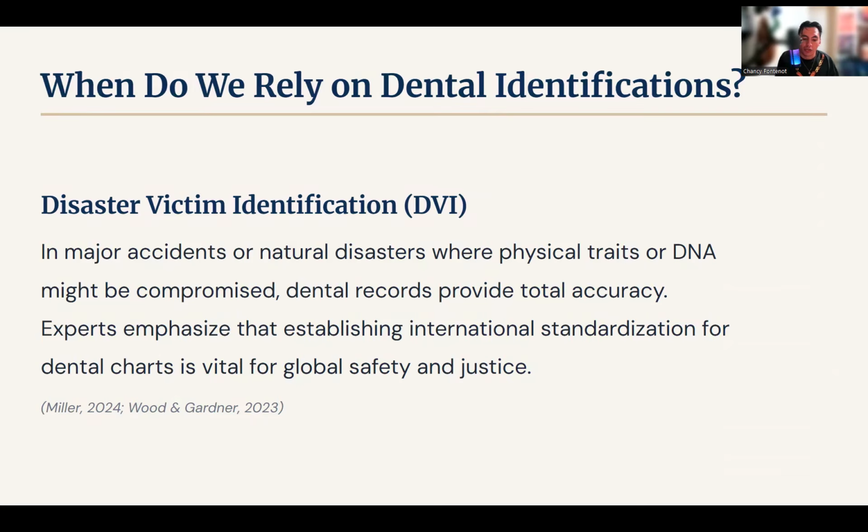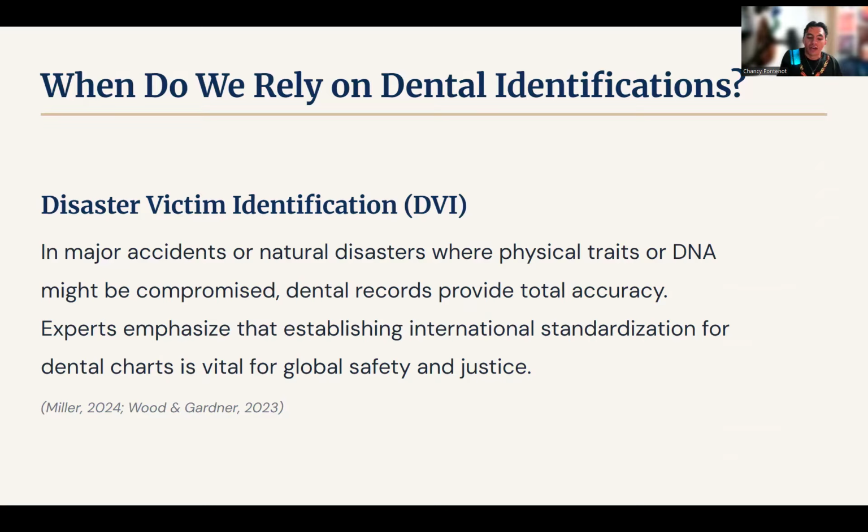So when does this tool become the primary line of defense? As documented in the articles by Miller in 2024 and Wood and Gardner in 2023, we rely heavily on dental identification during disaster victim identification, or DVI abbreviated.